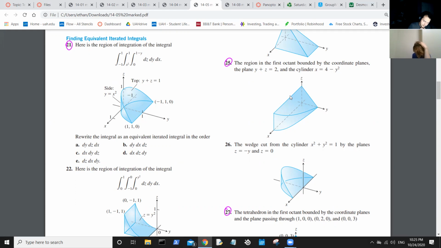Then we have to integrate this: 8y minus 2y cubed over 3 minus 2y squared plus y to the fourth over 4, evaluated from 0 to 2. My pens are dying.